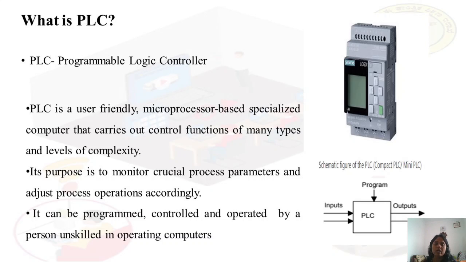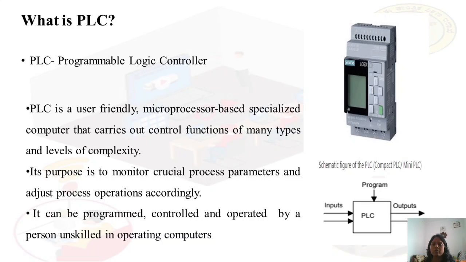It can be programmed, controlled and operated by a person unskilled in operating computers. So your PLC is a user-friendly microprocessor based specialized computer that carries out control functions of many types and levels of complexity.